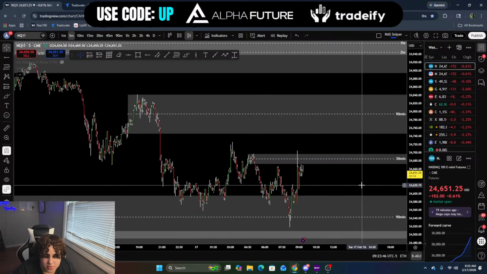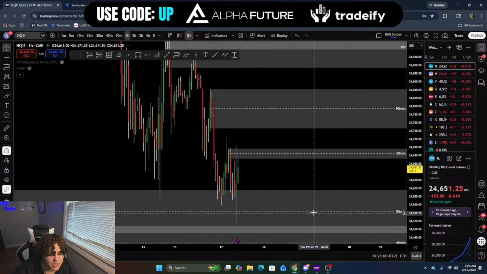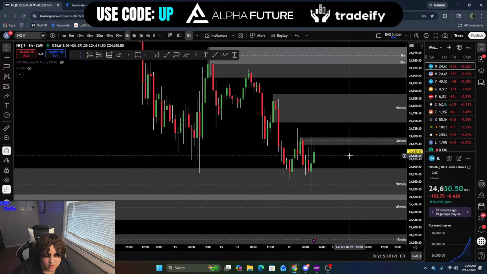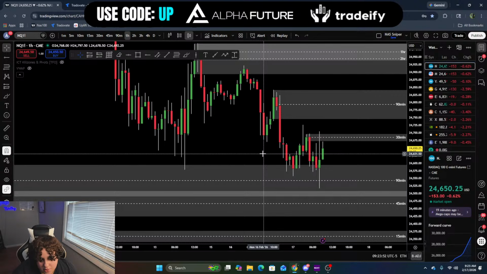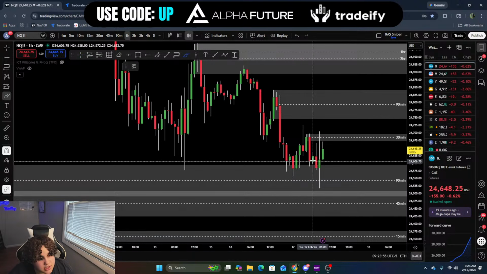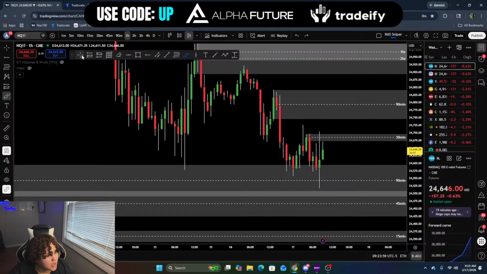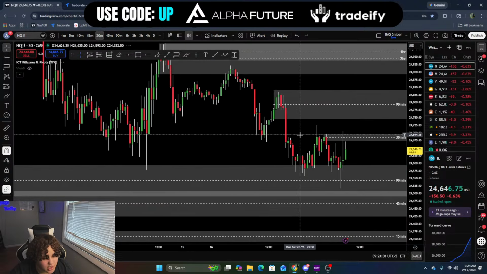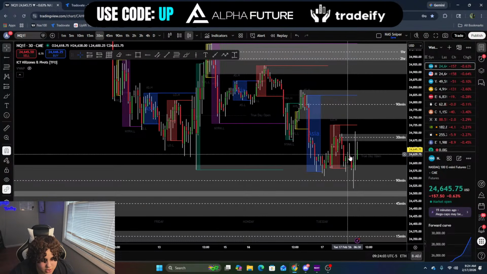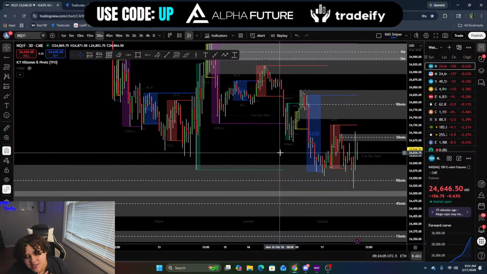All right, let's mark up support and resistance before I forget. Something I also like about Nasdaq is the small little pre-market range here. I do like that. I also wanted to check the session liquidity.